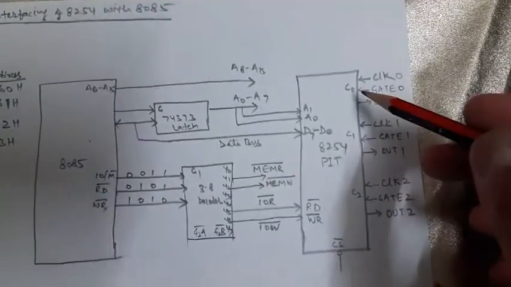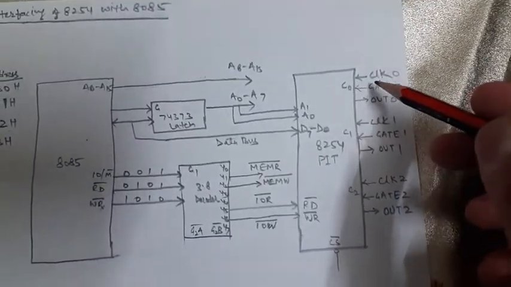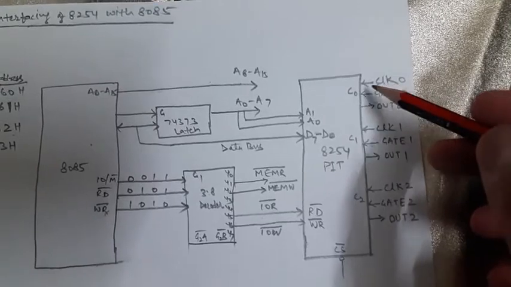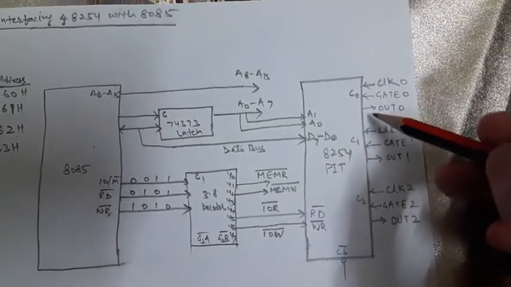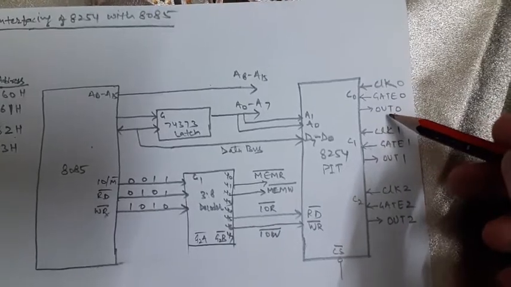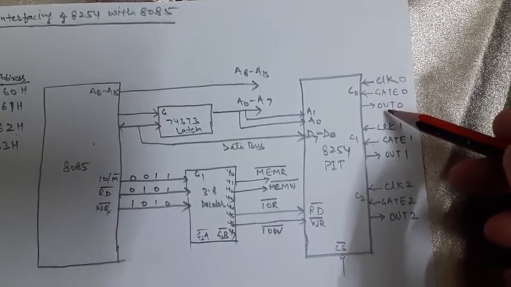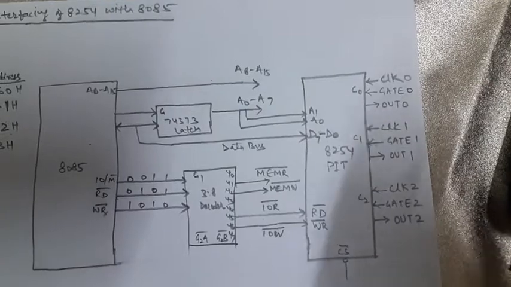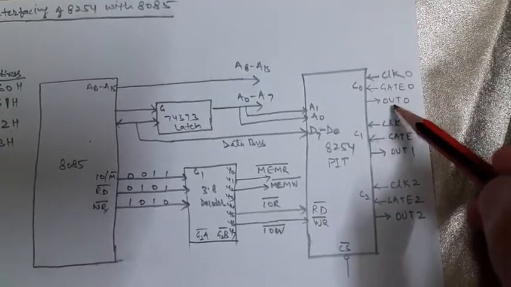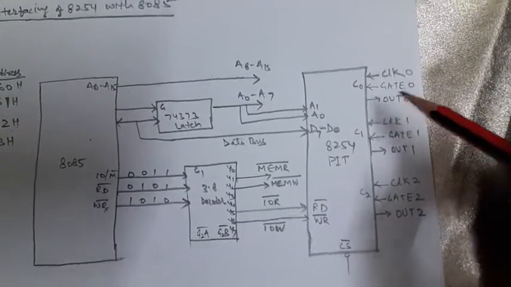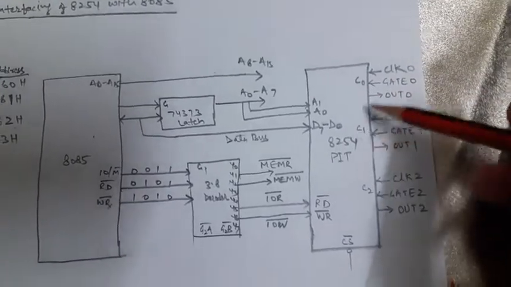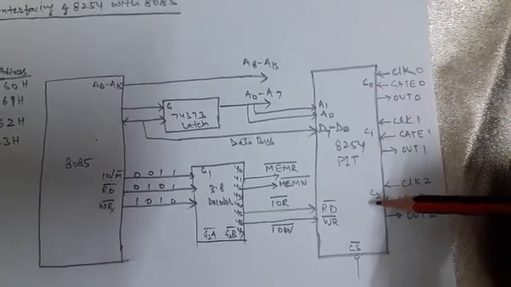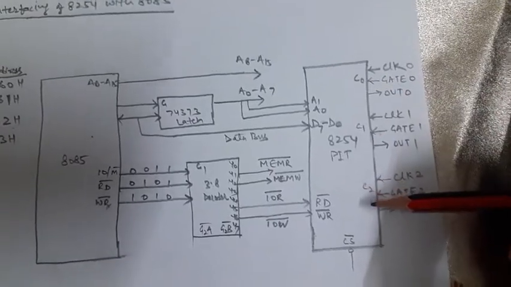Counter 0 is having three independent signals: clock, which triggers the counter; gate signal, which enables the counter; and output signal, which is generated after counting the appropriate count. All these three signals are individually for these three counters, so these counters are independent of each other.